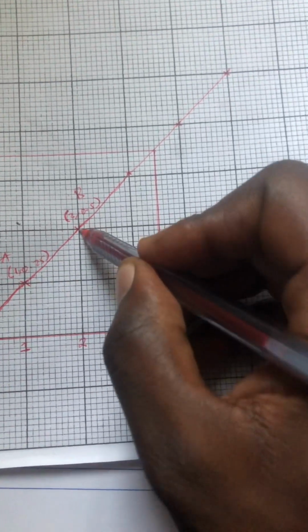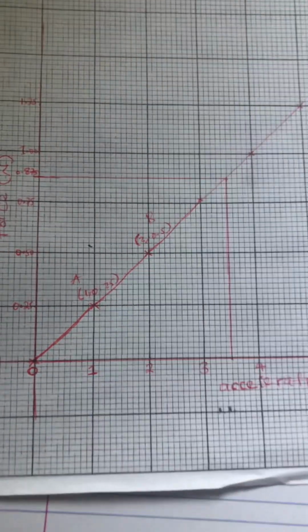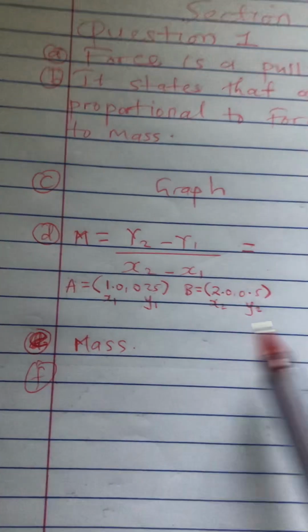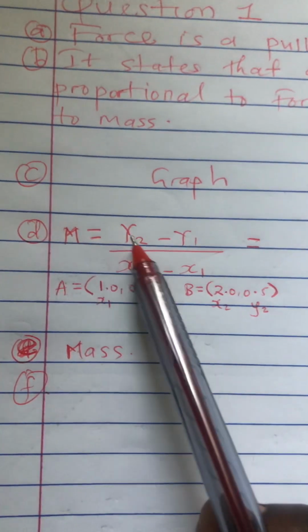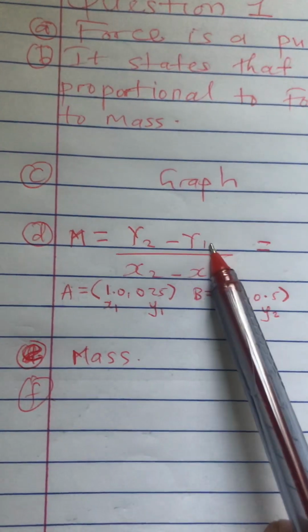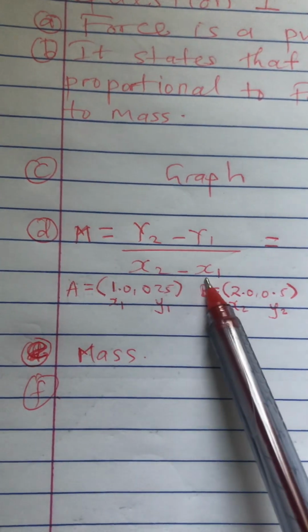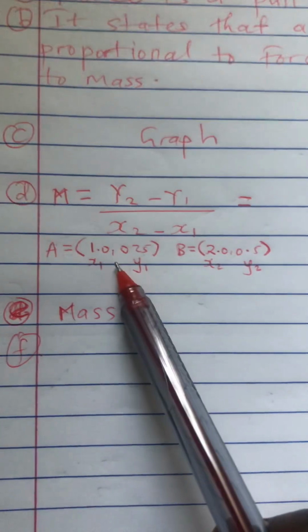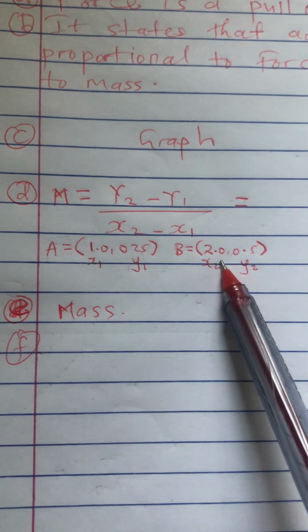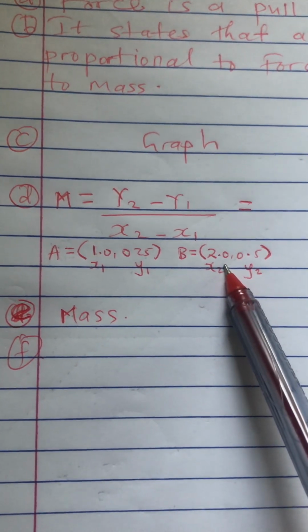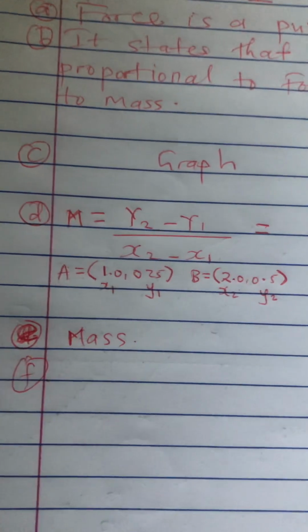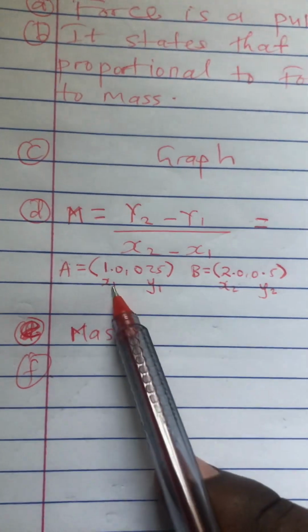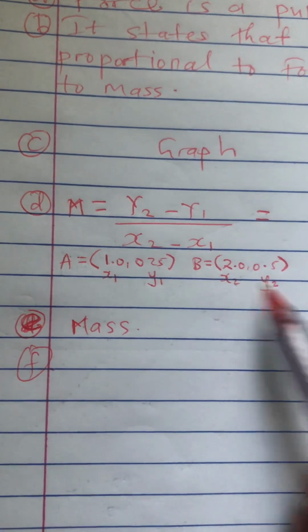Okay, so we've picked this one. So these 2 coordinates, get them and then put them on the formula. So we have a formula here. Gradient is equal to y2 minus y1 over x2 minus x1. So these are the points that we had picked. So after picking those points, we can give them names. So this is x1, y1, x2, y2.